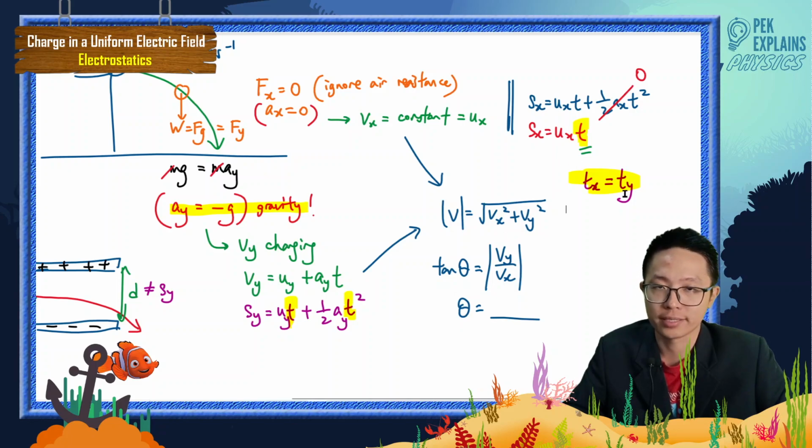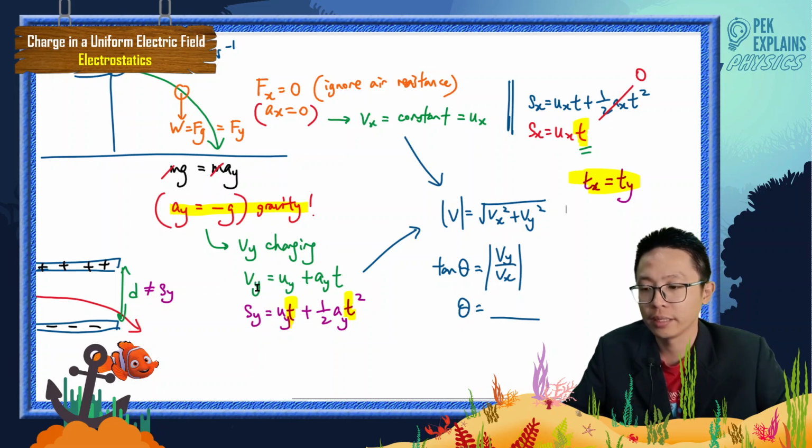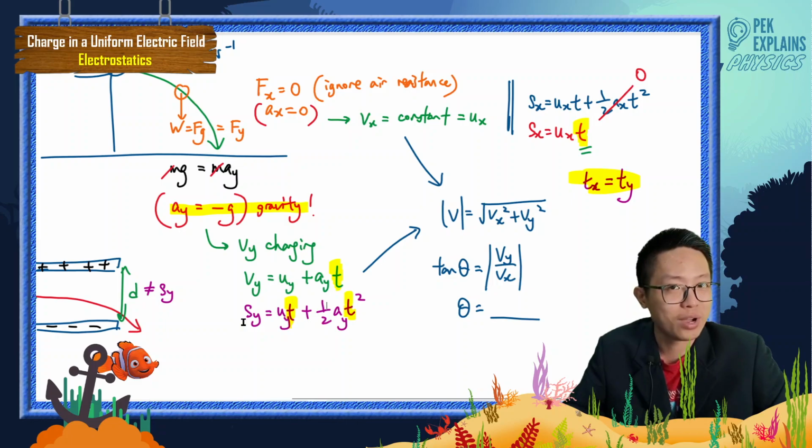So they share the same time. Once you get the time from the x component, you can transfer the time information to the y component to find the next info you need. For example, you use the time to find vy, you use the time to find sy. That's it.